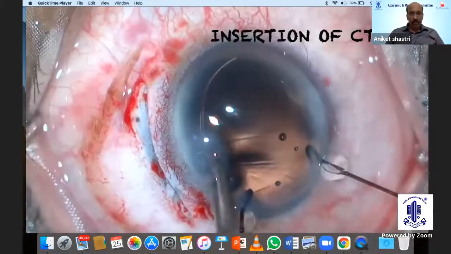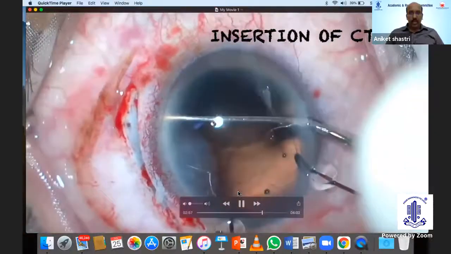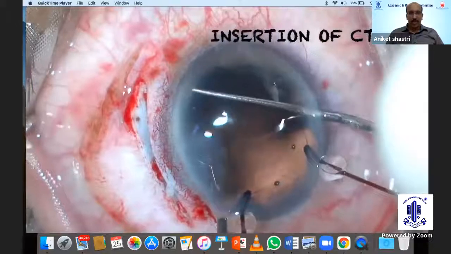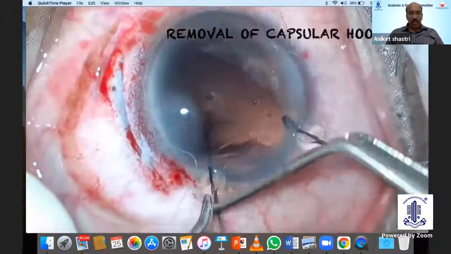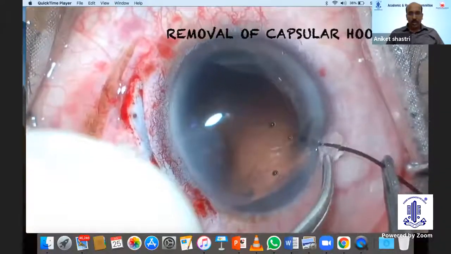Here it slightly slipped. There could be some trouble sometimes. Once the bag was fixed, the capsular hooks were removed gently.